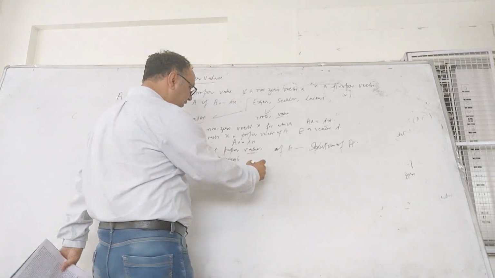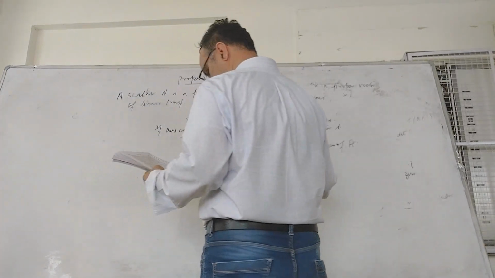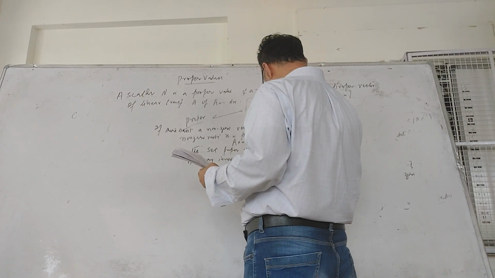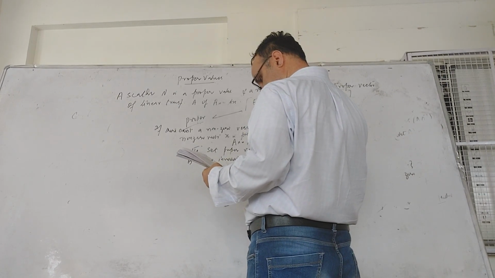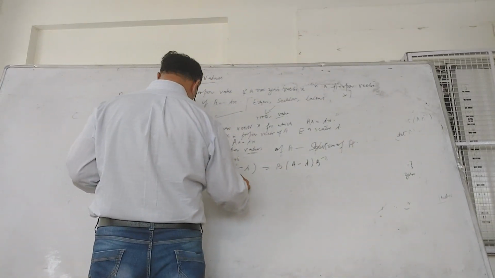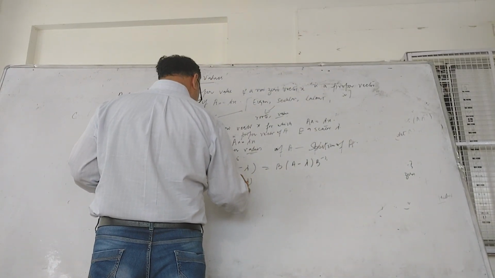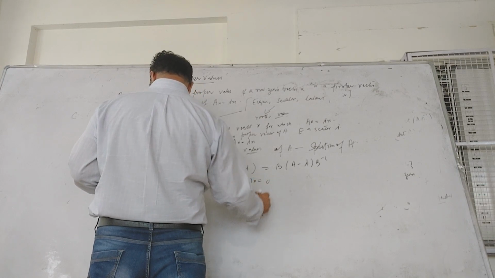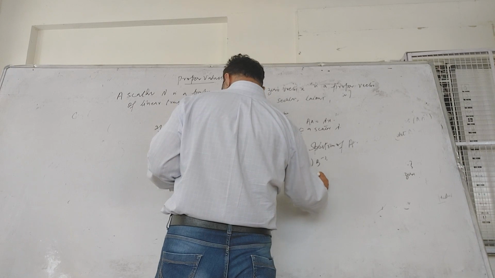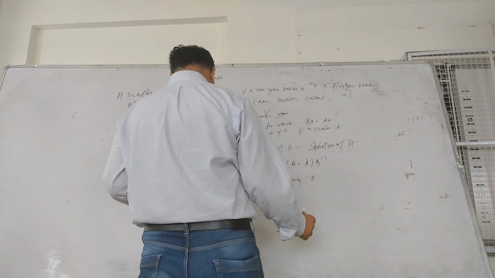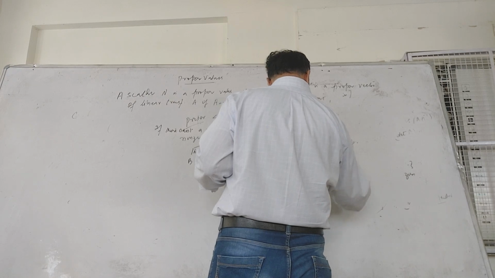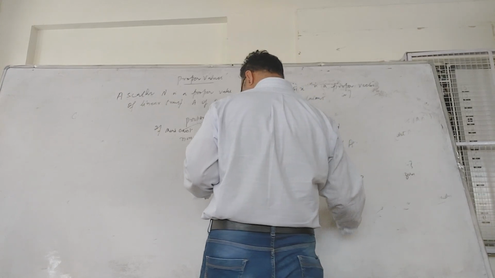So you can also write it as B into A minus lambda into B inverse, where A minus lambda into x is 0 if and only if B into B inverse minus lambda into Bx is 0.